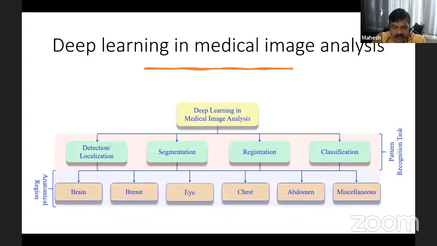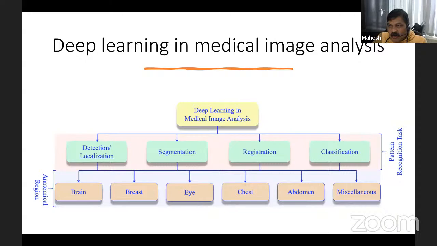In the brain region, brain tumor detection is a very popular application. Breast also, we know breast cancer detection. Eye, people use it to detect diabetes or for retina image processing.